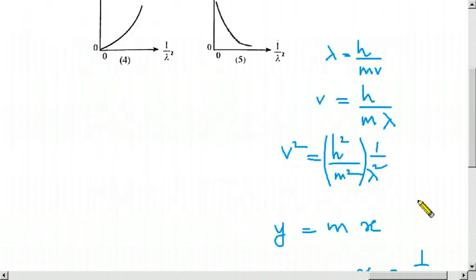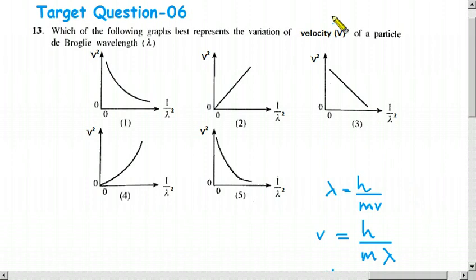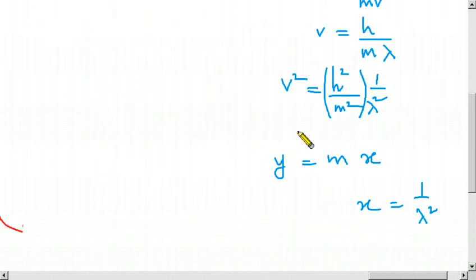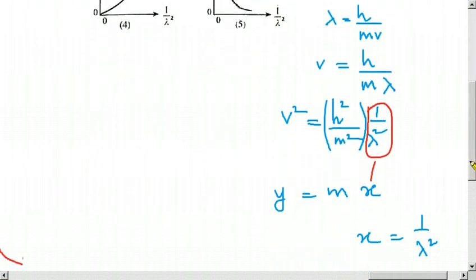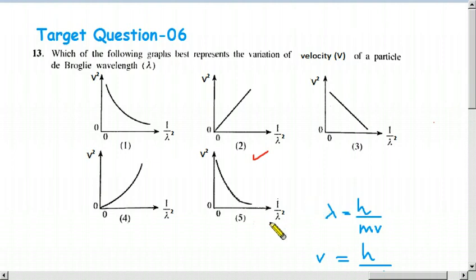So it should be a straight line now, this one, because they have taken the whole 1 over lambda squared to the x-axis. So children, the answer is the second one, the straight line.